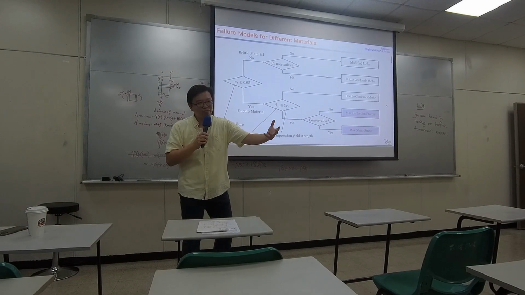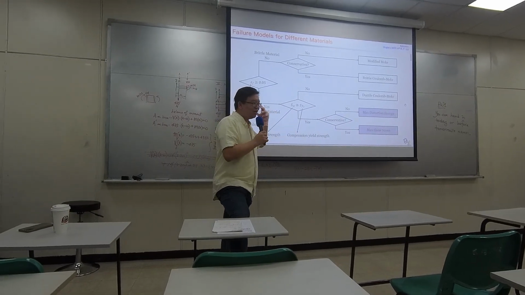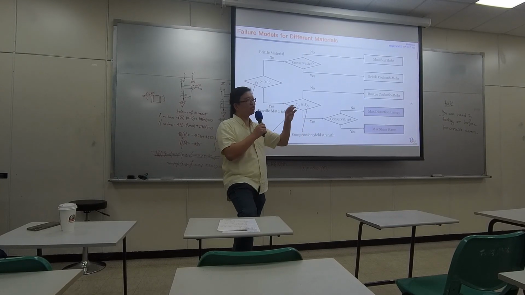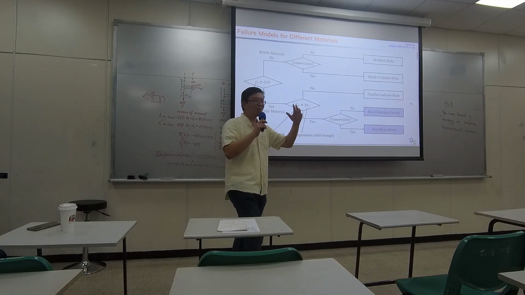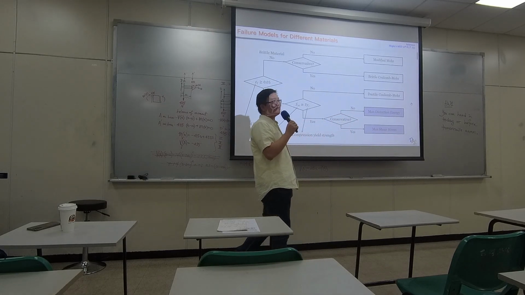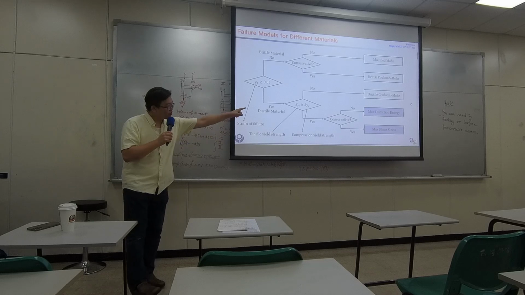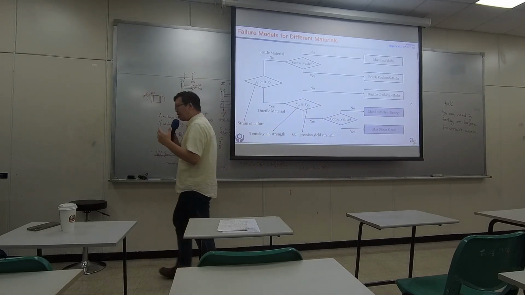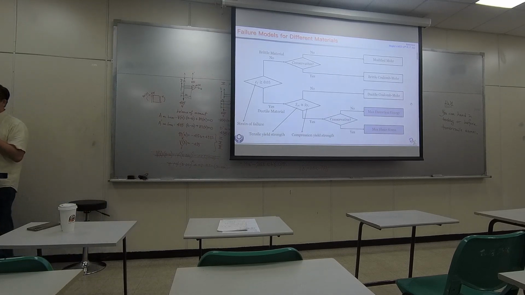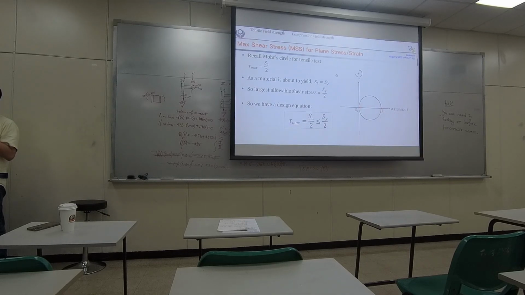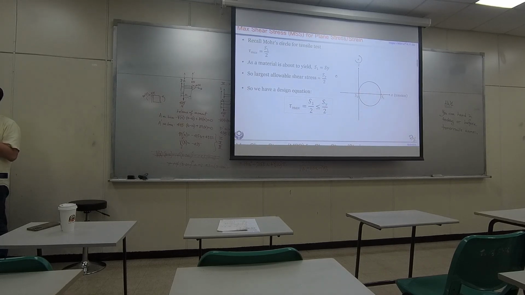So later on, when you learn finite element, most of the time you will study the von Mises stress distribution in a model. That means you are using the distortion energy model. So this model is also very important in nowadays methodologies.